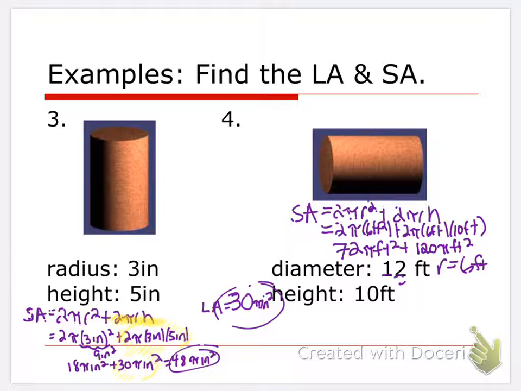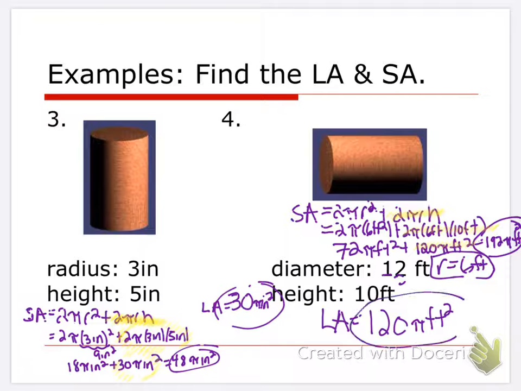You're going to add those together, and that gives us 192 pi feet squared. And then again, to find that lateral area, that's the second half of the formula, this portion. And we know what that is, 120 pi feet squared.